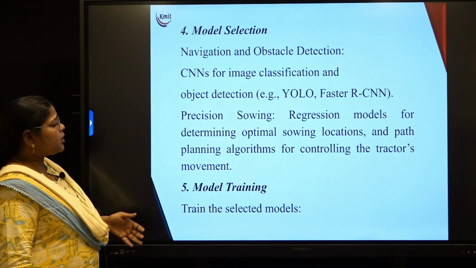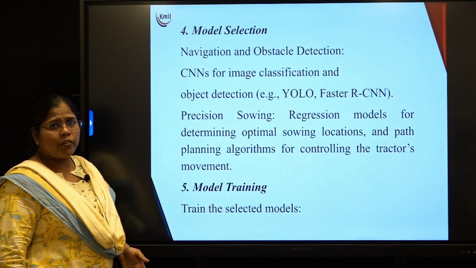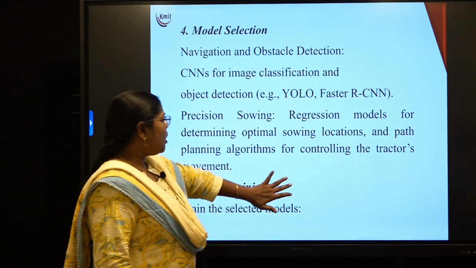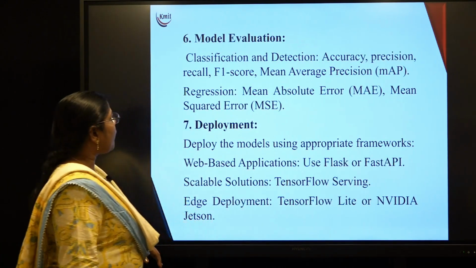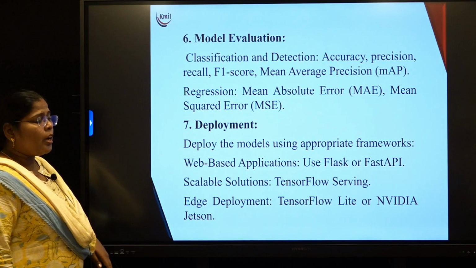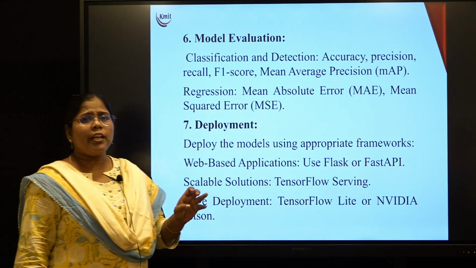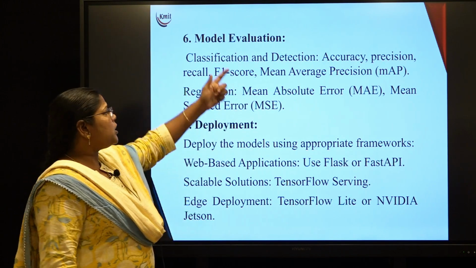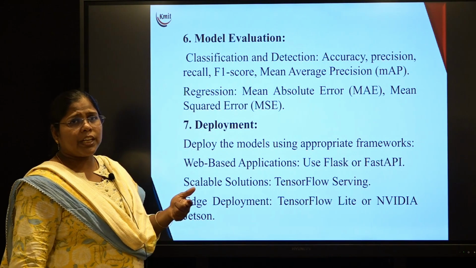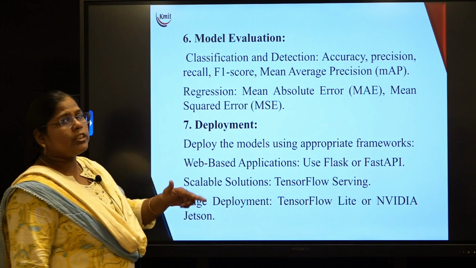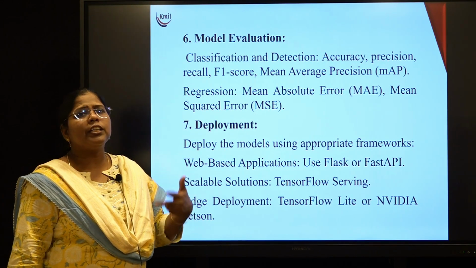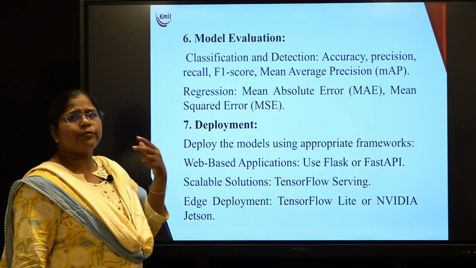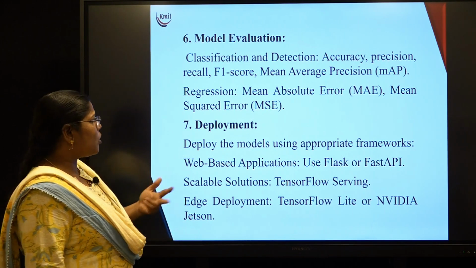Once the model is selected, the model has to be trained per epochs. Once the model is trained, we need to evaluate. So we have designed here, first one is the classifier, second one is the detector, object detection, and third one is the regression for calculating the distance or the depth of sowing the plant or the crop.